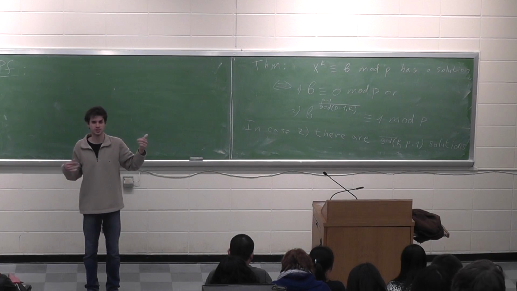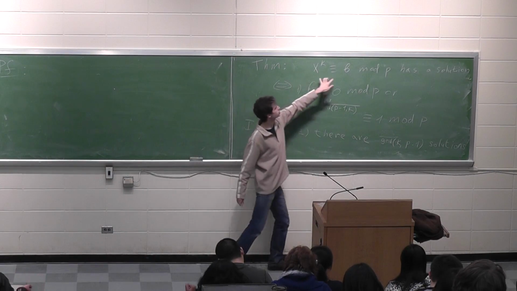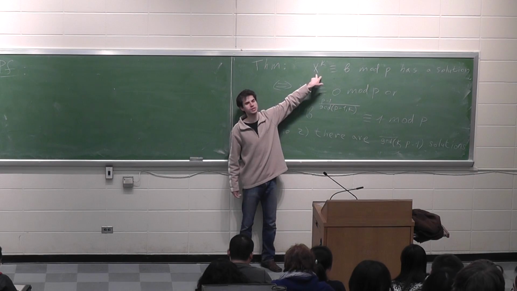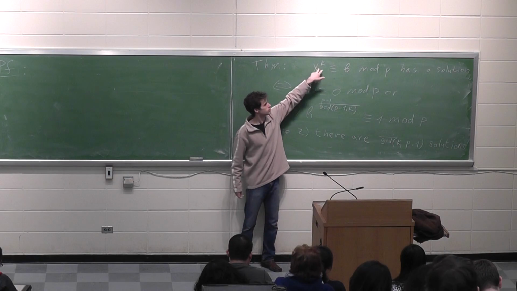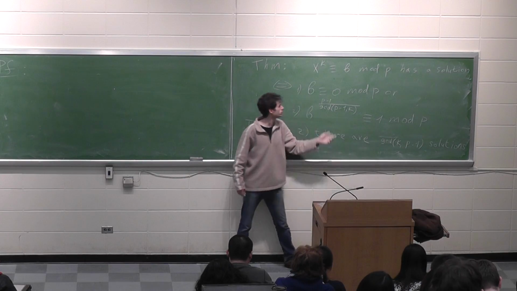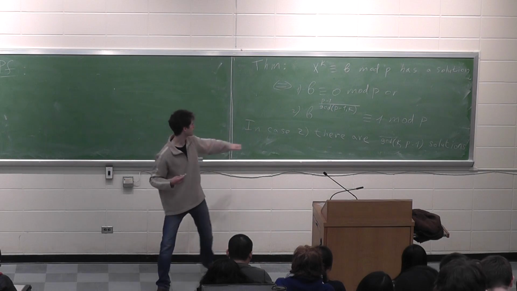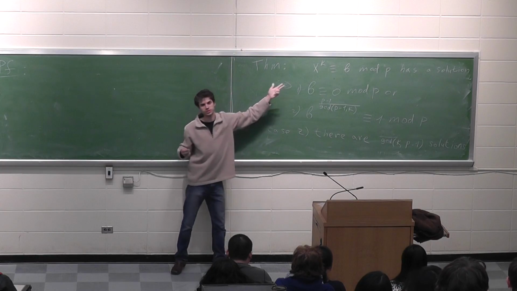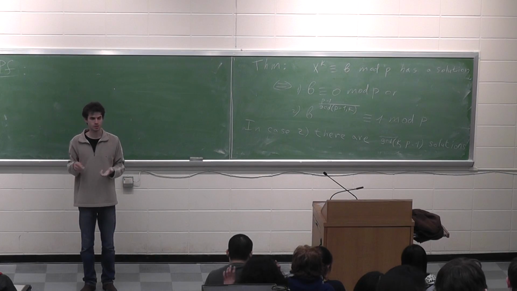I can take both sides of this equation and raise them to this power. On the left hand side, I will get a number whose exponent is divisible by p minus 1, so I will get 1. On the right hand side, I will get this thing. So this equality follows from this equality and Fermat's theorem.